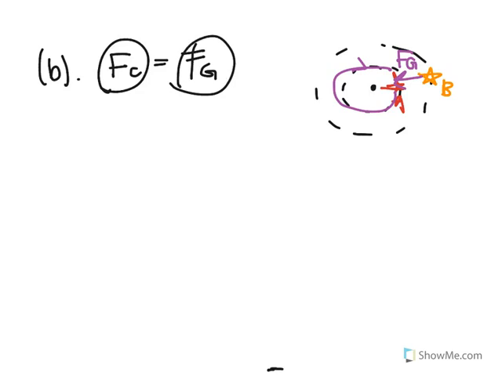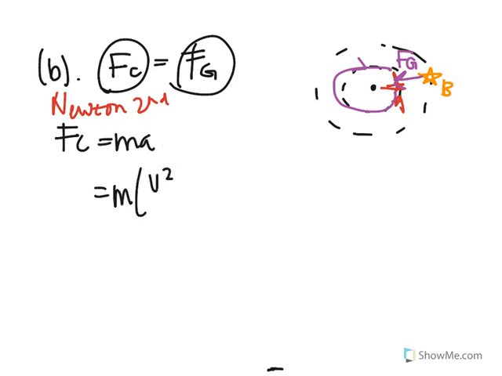Now, for centripetal force, using Newton's second law, we know that any force is equal to m times a. Since it's centripetal force, it'd be v squared over r.